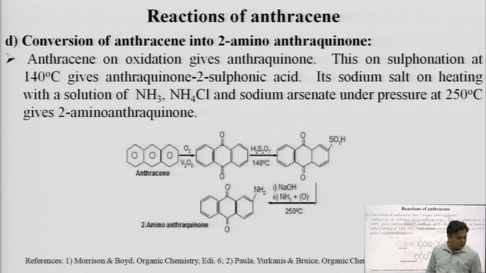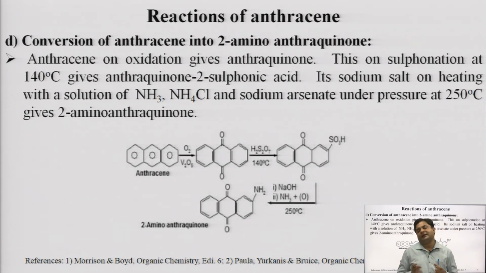Now, the next important reaction of anthracene is conversion of anthracene into 2-aminoanthraquinone. Anthracene on oxidation gives anthraquinone, which you know is a very important compound. So how is it happening?